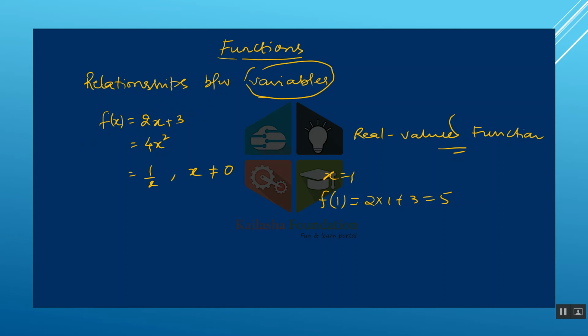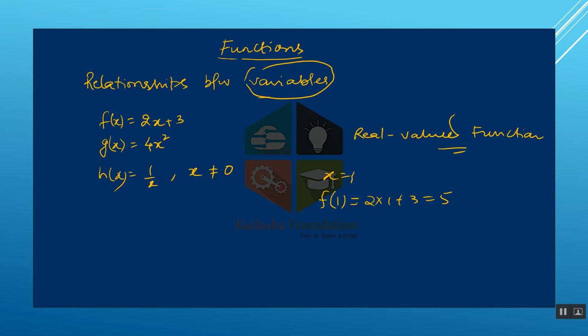And as the three functions written here are three different functions, we can't use the same symbol, so we use g(x), h(x), etc. as per convenience. So this is how we understand functions.